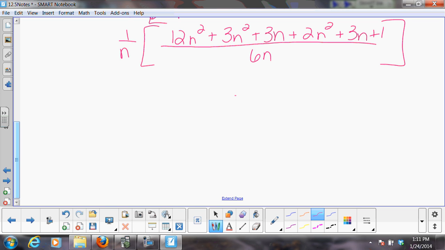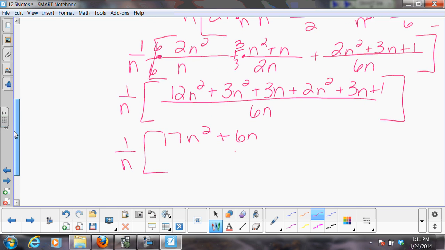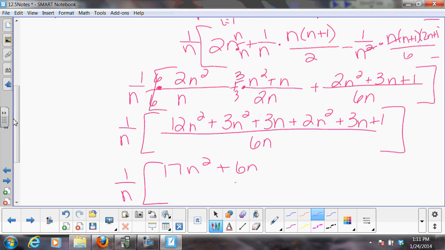Sorry. Now we're going to combine like terms. 12 plus 3 plus 2 is 17n squared. 3 plus 3 is 6n. What did I do wrong? I did something wrong. Did I? Oh, man! It's a minus. Bummer. Minus there, which means that's a minus.